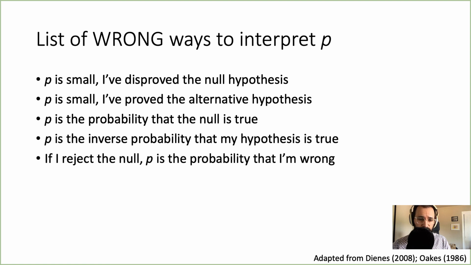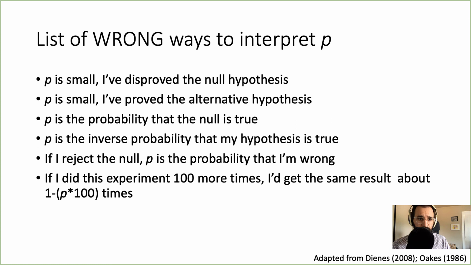If you reject the null, P doesn't tell you anything. If the null were true, P would tell you the probability that you would have data as extreme as you have. Another way people falsely interpret this sometimes is if I did this experiment 100 more times, I'd get the result about 1 minus p times.